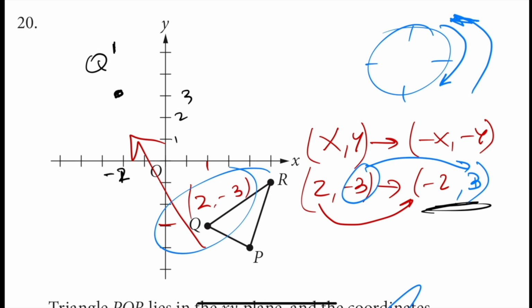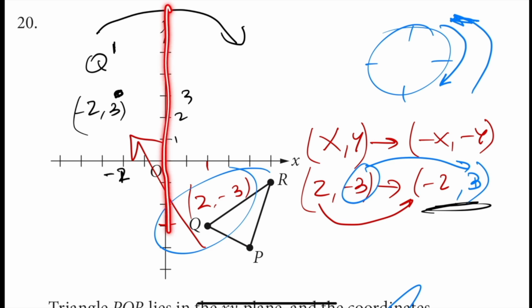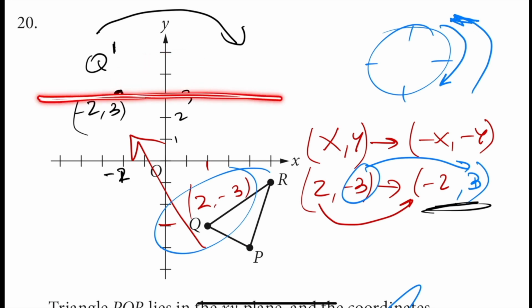Negative 2, 3. Now it's going to be reflected over the y-axis. Reflection means we pretend that here on the y-axis there's a mirror, and the point is going to go to the other side. What happens is this height stays the same. So the y value is going to be the same, right? It stays at 3.